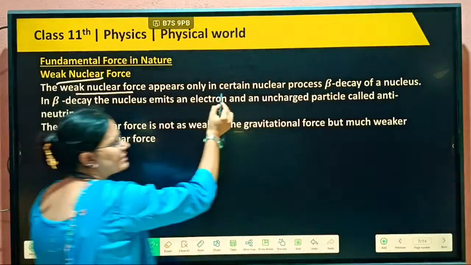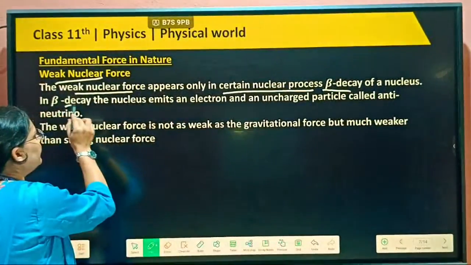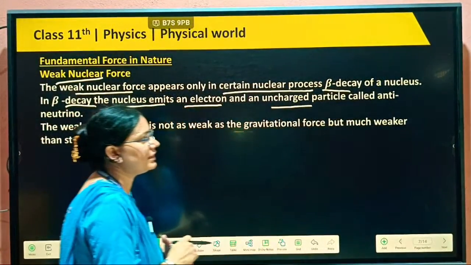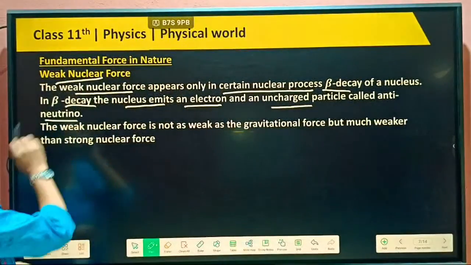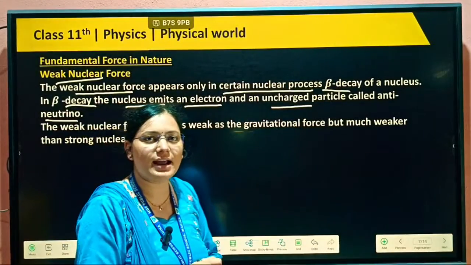It appears in certain nuclear processes, such as beta decay of the nucleus, and in beta decay the nucleus emits an electron and an uncharged particle called the anti-neutrino. In higher classes we will discuss this anti-neutrino.